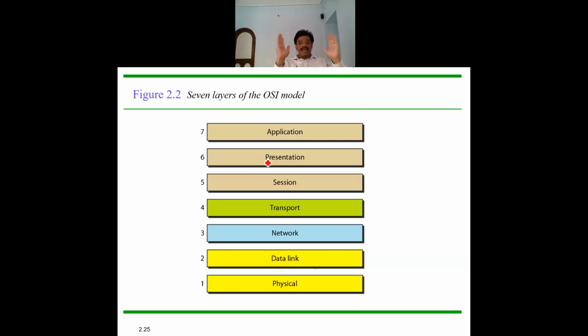It's a standard. It only suggests that the functioning of the developed equipment should be based on the functioning suggested at every layer of the OSI model. Get it very, very clear: OSI is a standard. It does not tell you what type of equipment is required at what layer.